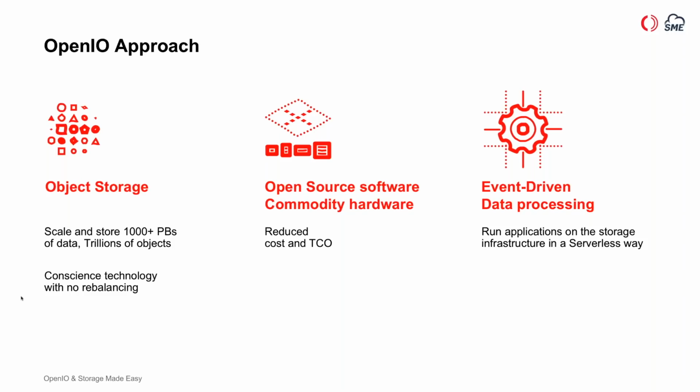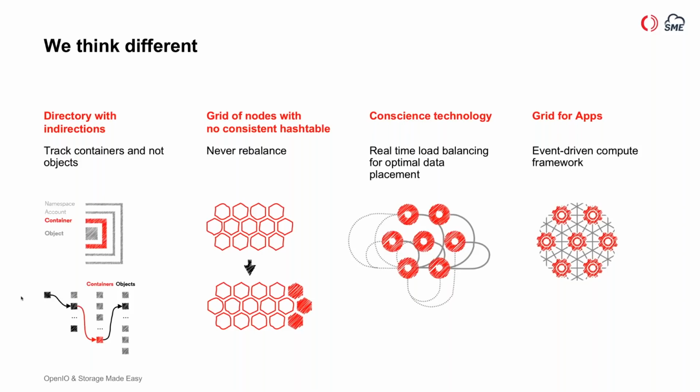It means that you can download the software and install it without any limitation. It runs on commodity hardware, so x86 and ARM servers, to reduce the cost and the TCO by separating hardware acquisition from software acquisition. And we also have an event-driven data processing framework, so we can run applications directly in the object store. So why are we different?